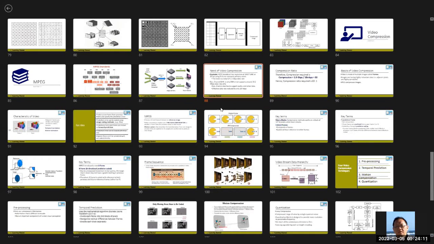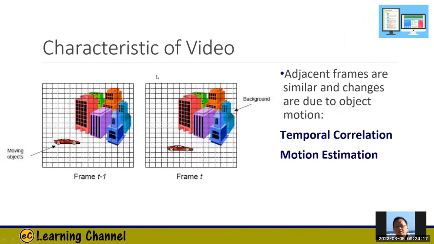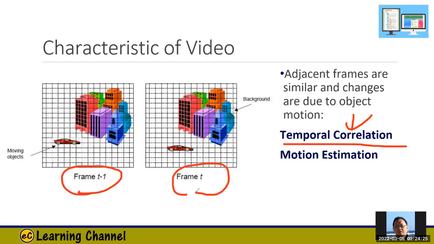So let's jump a little bit faster. To study the video compression, you want to know about the temporal correlation. What is temporal correlation? Let's assume that you have a frame here and a frame here. Your car is moving from here to here. The background has no change, so you only need to look at the motion portion, who is moving.